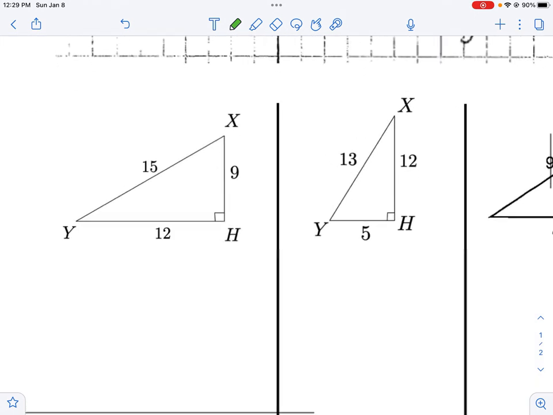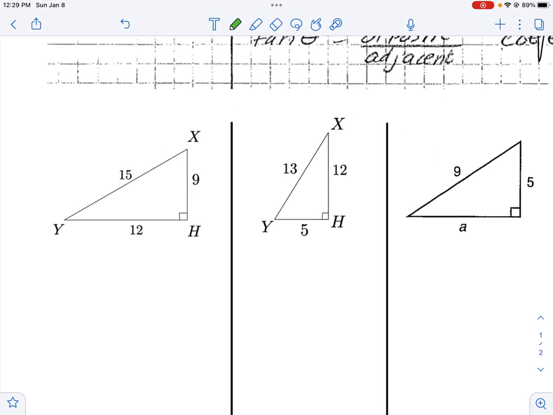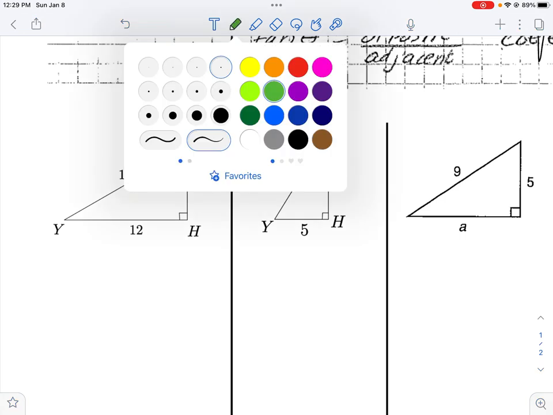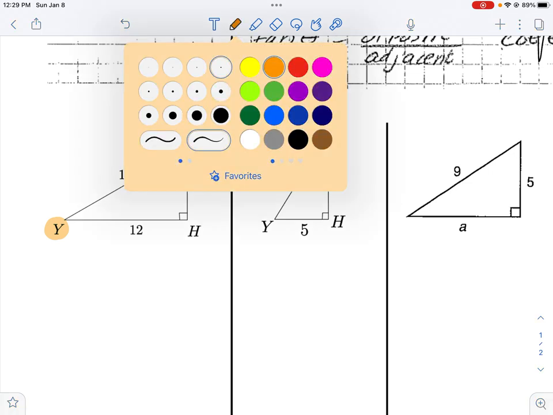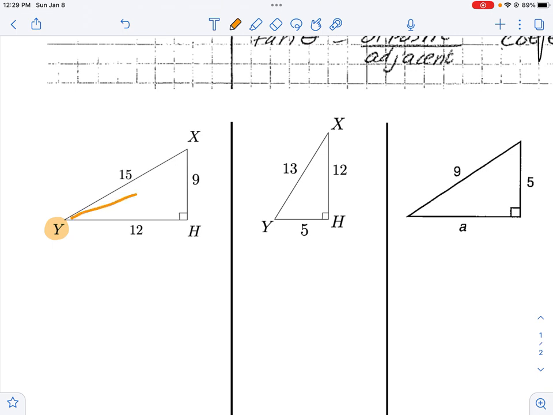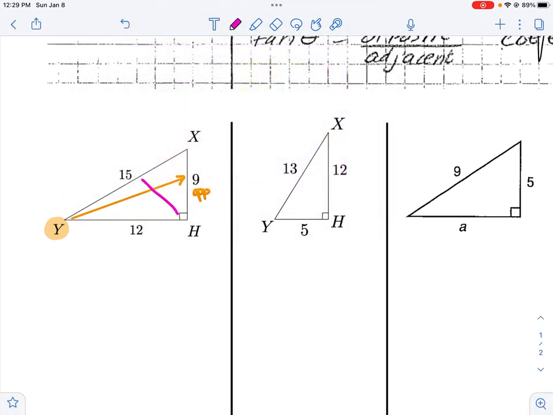So in looking at this first triangle, we are going to be considering the angle y. If we are considering the angle y, then across from the angle y is the opposite. Across from the right angle is the hypotenuse.